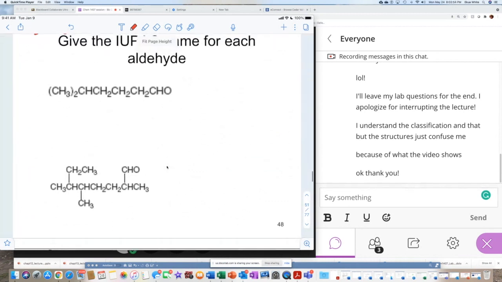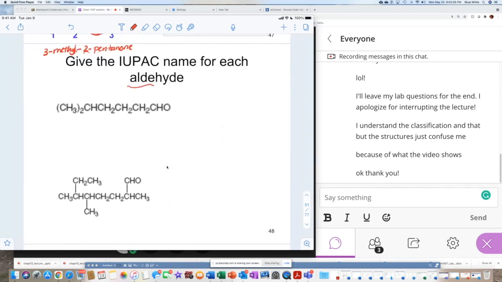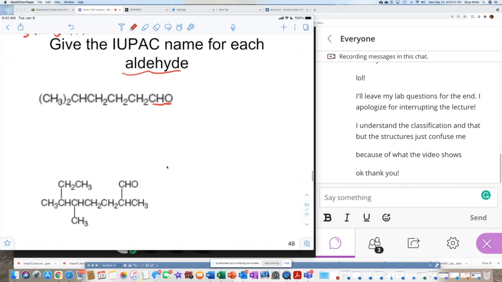So we're going to be naming this right here, and we're naming aldehydes, right? How do I know it's an aldehyde? Because of the CHO group right here. So I'm going to try to expand this a little bit. Got 1, 2, 3, 4, 5 carbons. On carbon number 5, I have 2 CH3 groups. Okay, that takes care of those. I have this H down here.